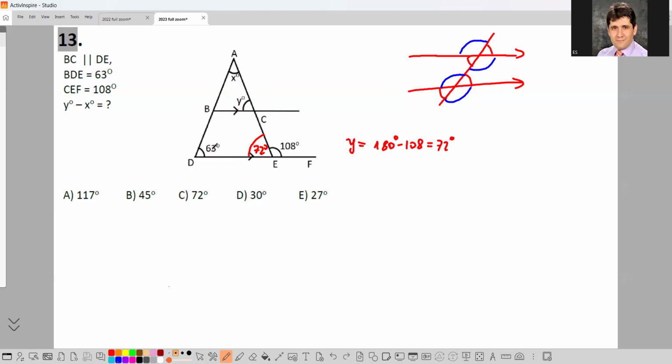Now that I know that one of the angles is 63 and the other 72, I can find the missing angle. There are two ways, from the triangle here, or from the exterior angle. 63 plus x should be 108. That is actually the shortest way of solving the problem. 63 degrees plus x should be 108 degrees, which means x is 108 degrees minus 63, which is 45 degrees.